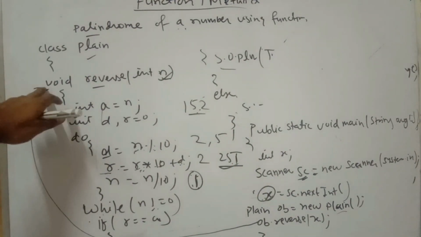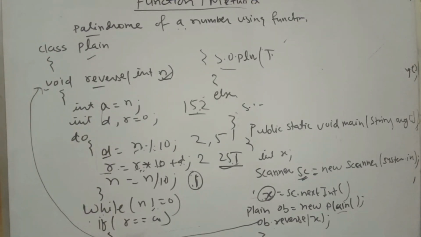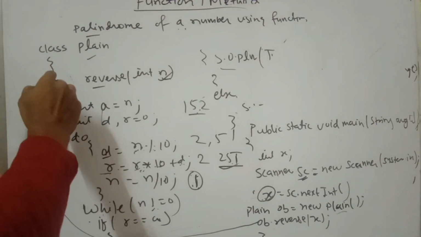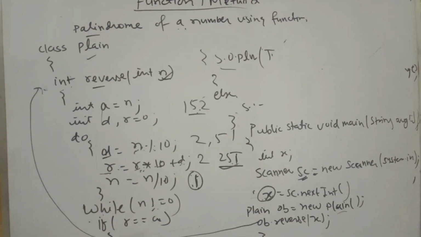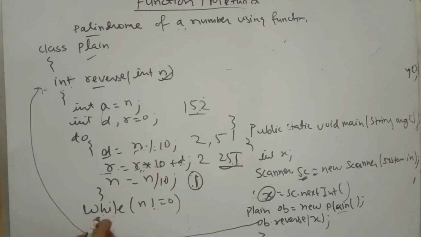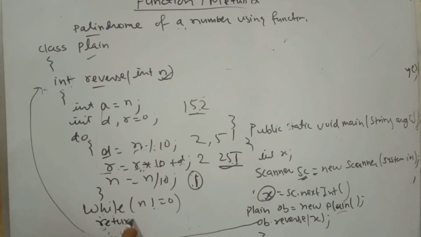If you continue with return, you write int here. You don't need to write the print or the palindrome check here, just write return, return the reverse value, so return r. Then close your method.